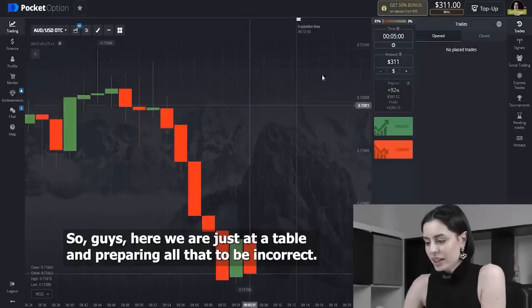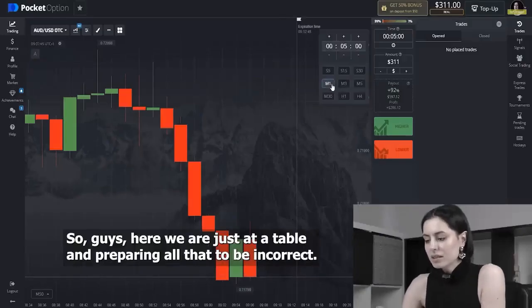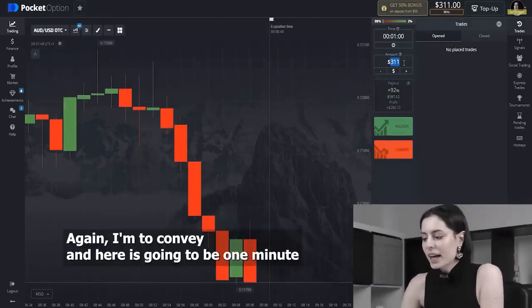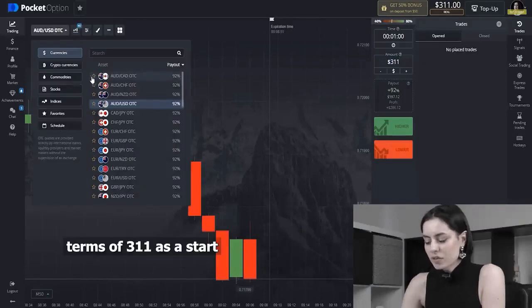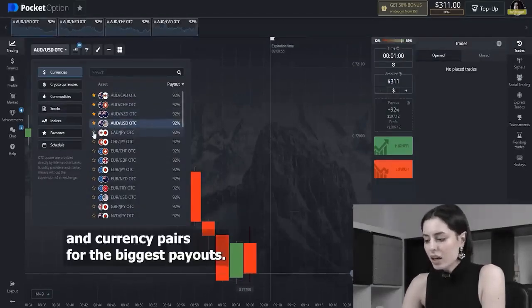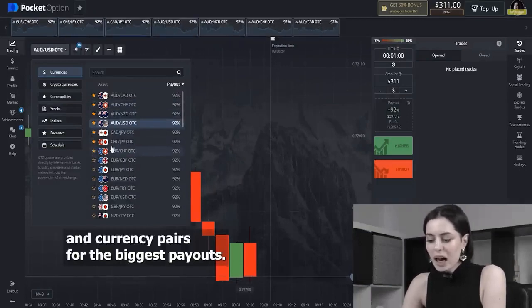So guys, here we are at the table, preparing everything we are gonna do today. Here's gonna be a 1 minute interval, 311 as a start, and currency pairs with the biggest payouts.